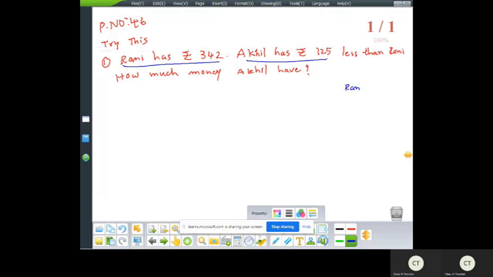The amount with Rani is 342, and the amount with Akhil is 125 less. In the question, they are comparing: Akhil has rupees 125 less than Rani. How much money does Akhil have?